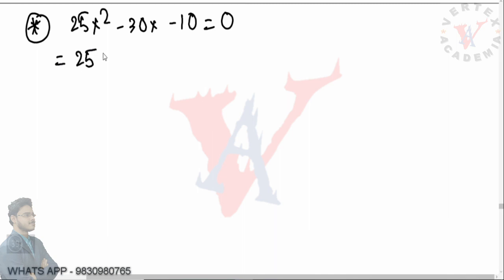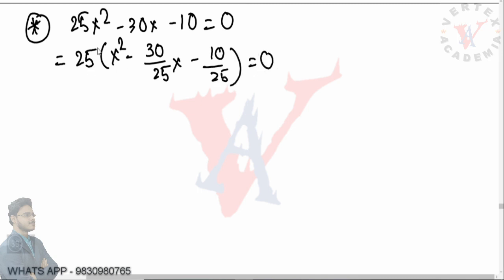When you take the coefficient of x square common, it's 25, so x square minus 30 by 25x minus 10 by 25 equals 0, and when the 25 goes to the other side, it becomes 0 by 25, which is 0. So x square minus, now 30 by 25 is actually 6 by 5x, minus 10 by 25, which is 2 by 5, equals 0.